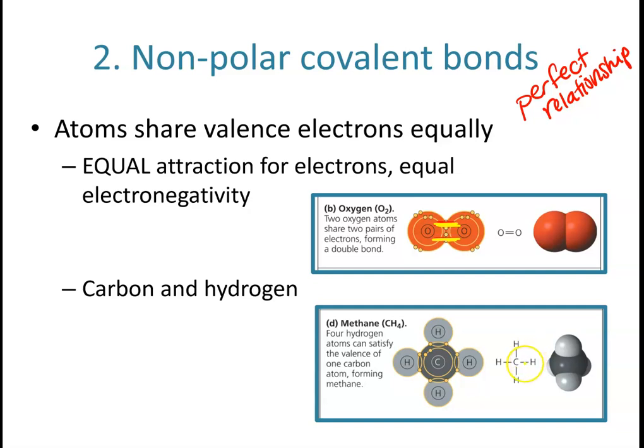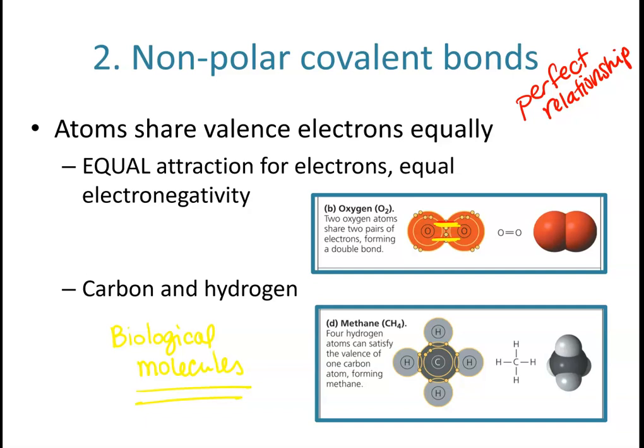So carbon and hydrogen are often found together, and biological molecules are almost exclusively formed by carbon and hydrogen. Carbon likes to make nonpolar covalent bonds with itself, and it likes to make nonpolar covalent bonds with hydrogen. And so you can end up with these really big, complex carbon and hydrogen molecules, which are the basis of most of our biological molecules.